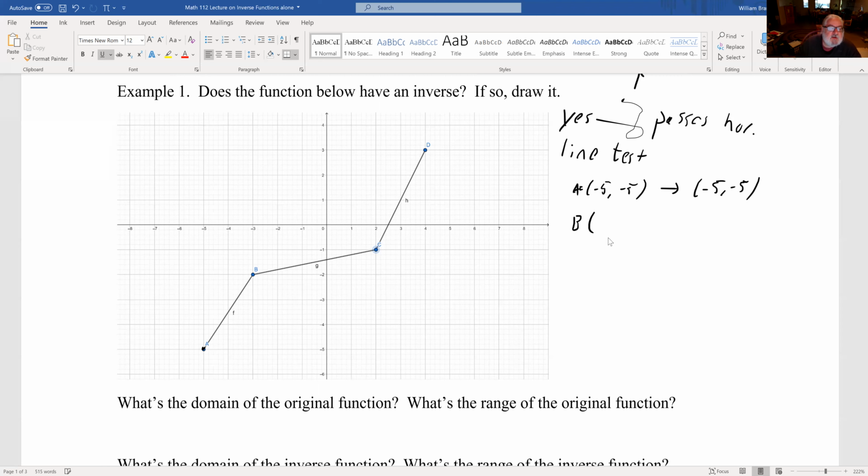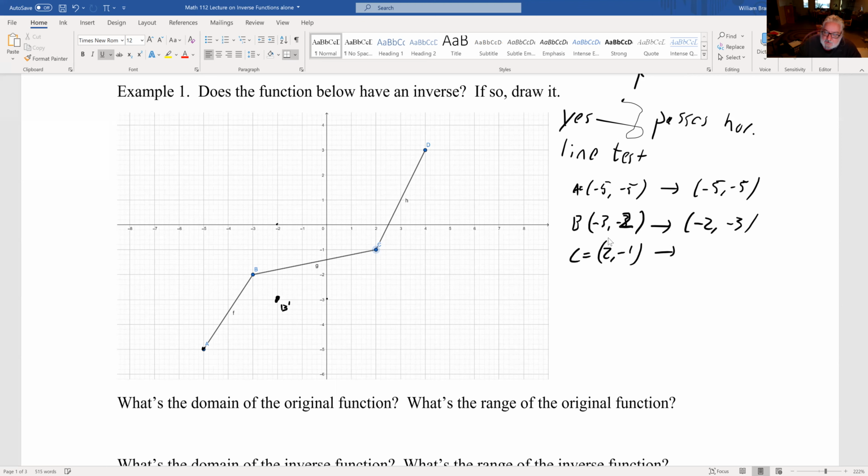B is at the point -3, -2. If we switch the x's and the y's, we get -2, -3. So if x is -2 and y is -3, that means we get this point. We'll call that B prime, because it's the point we get when we reflect B around the line y equals x. C is the point 2, -1.